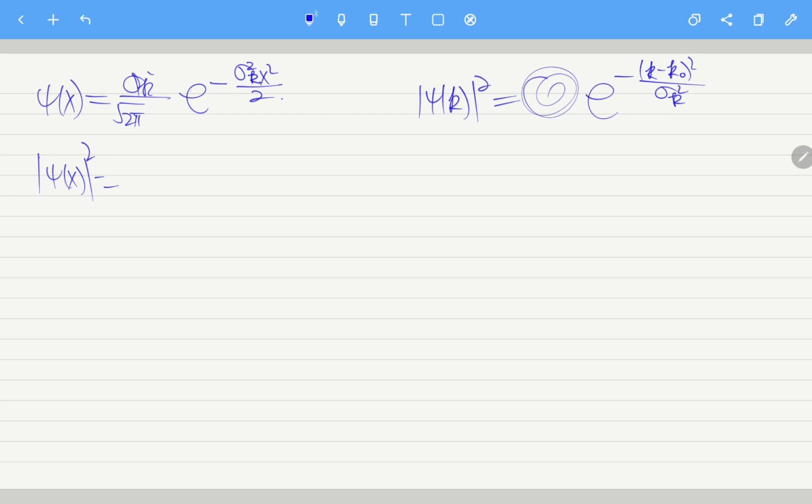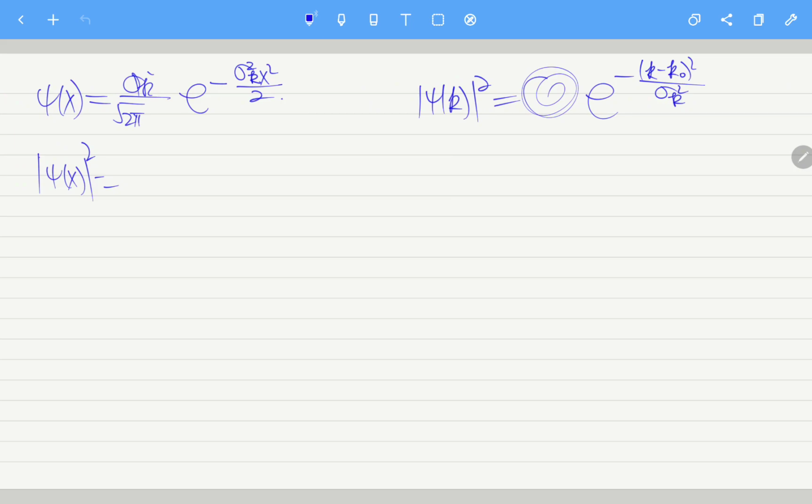But here, if you take the absolute value of this one and then take the square, we have a constant term here, and then exponential to minus sigma_k squared x squared over 2, because these 2 cancel with these 2.